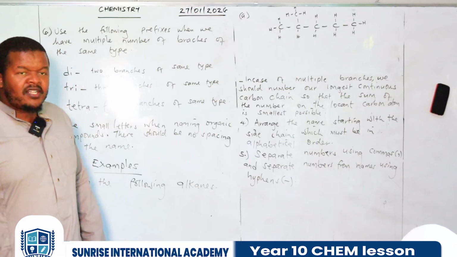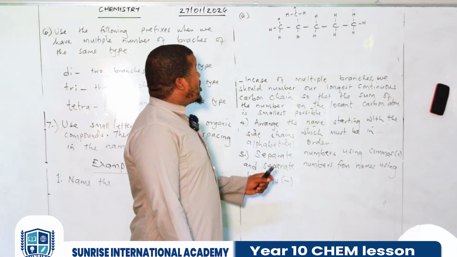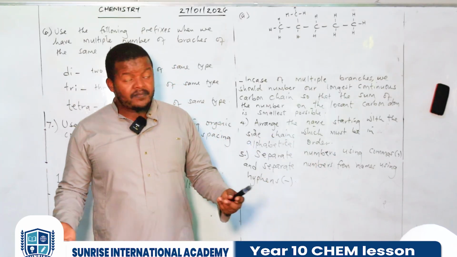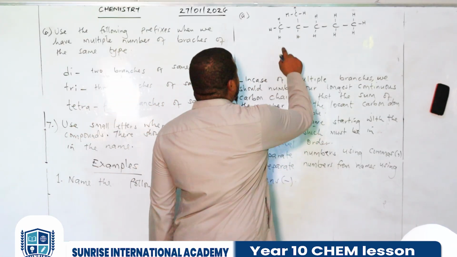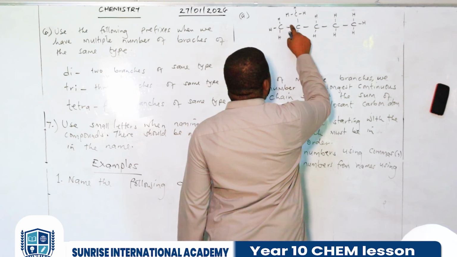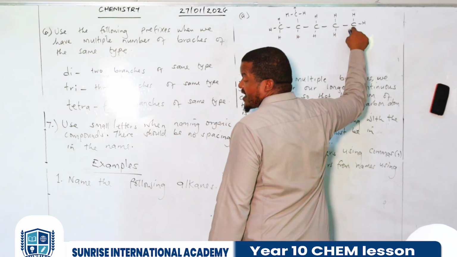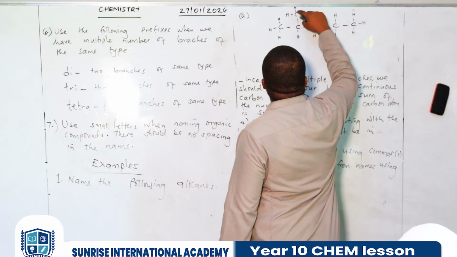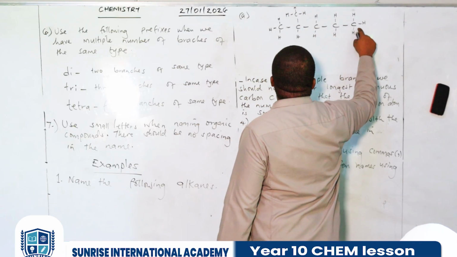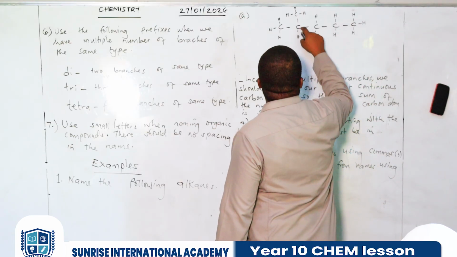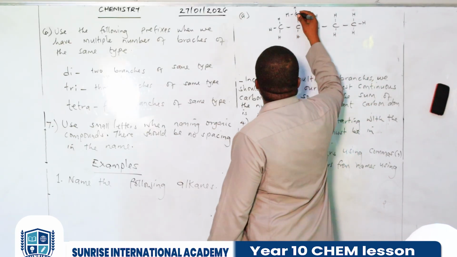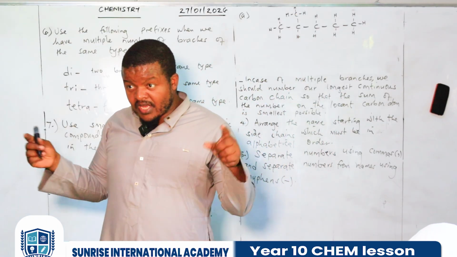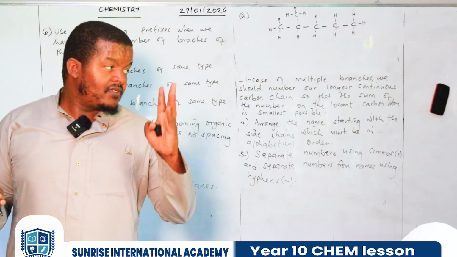Rule number 1 tells us that we need to identify the longest continuous carbon chain. Looking at this, I can look at it this way: 1, 2, 3, 4, 5. Or I can start from here: 1, 2, 3, 4, 5. Whichever way you look at it, the highest number of carbon atoms on that chain is 5.